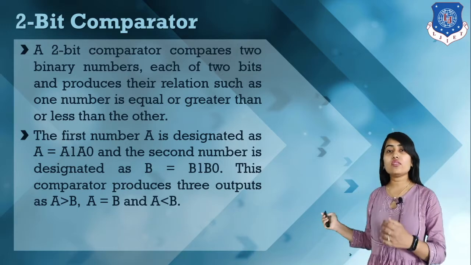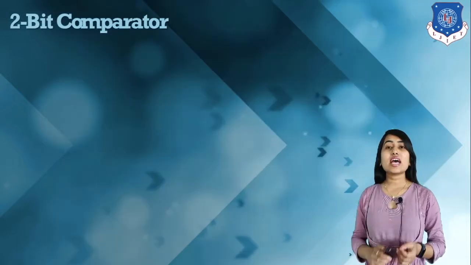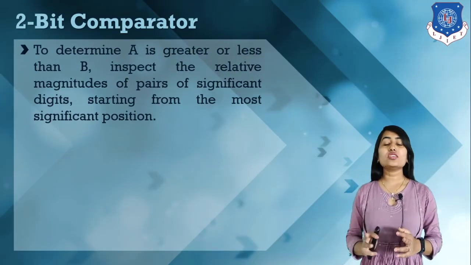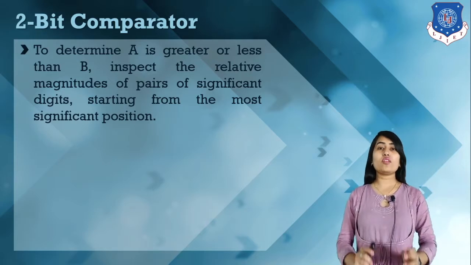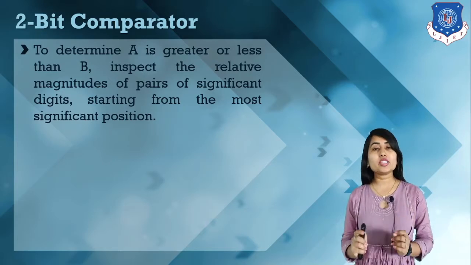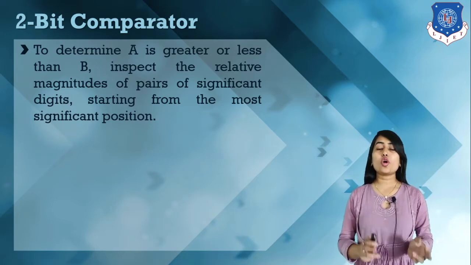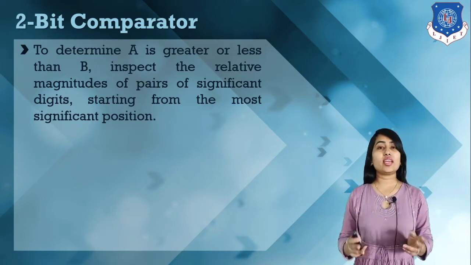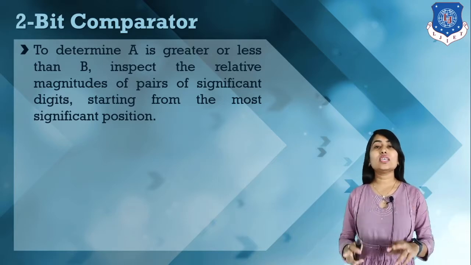Here we have the 2-bit comparator truth table. As we discussed, to determine the comparison of A and B, we first compare the MSB, and if the MSBs are equal, we go to the next digits.